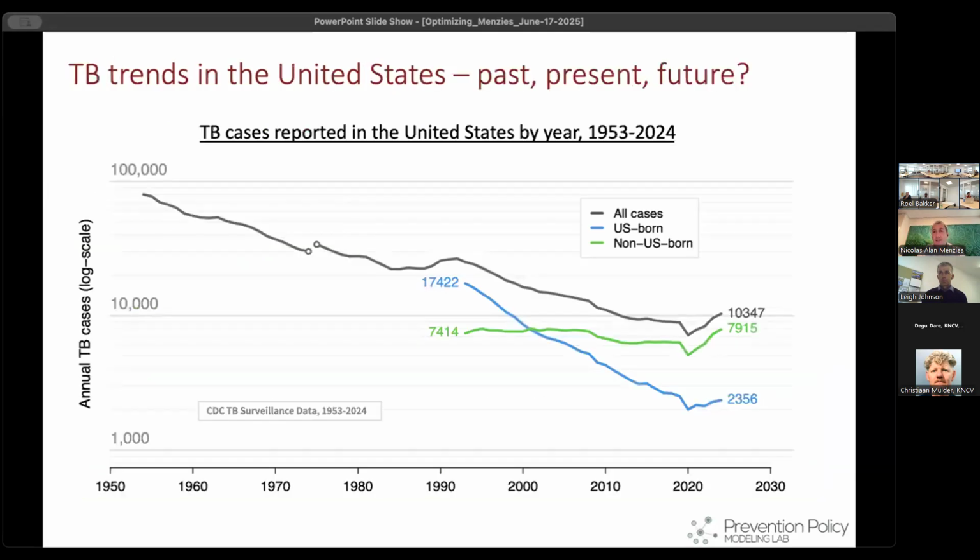So with that, this is, in some sense, a US-centric presentation. What you're seeing here is the trend in TB notifications within the United States over the last, was it 75 years? In 1953 is when they started routine reporting of TB cases.